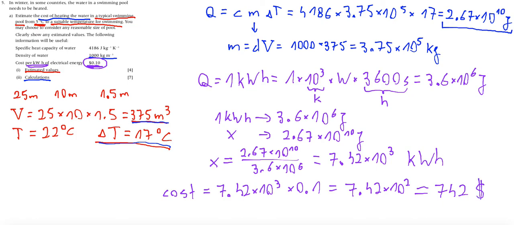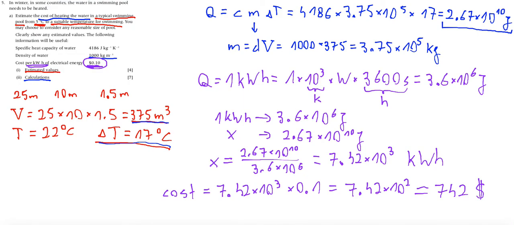So this is the cost of electricity needed to heat up water in my imaginary swimming pool by 17 degrees Celsius, because I've assumed dimensions of the swimming pool and final temperature of water. Next.